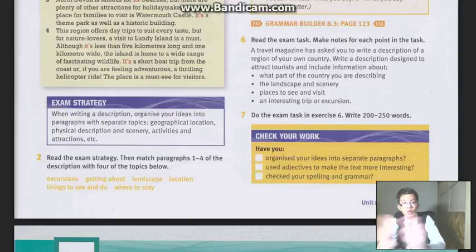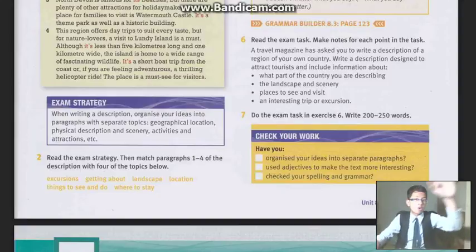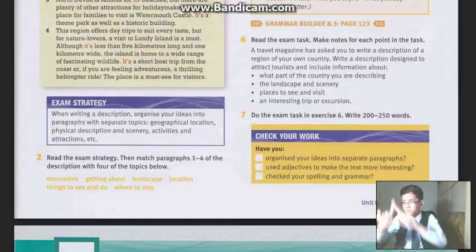So remember, to make your description look attractive, you may decorate it with some dots or some lines, or write it in color, just the same as the description in exercise number 1.